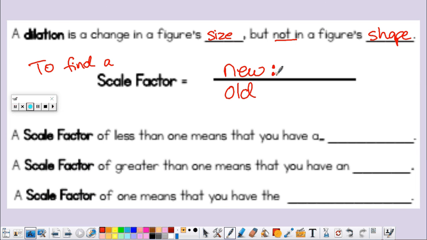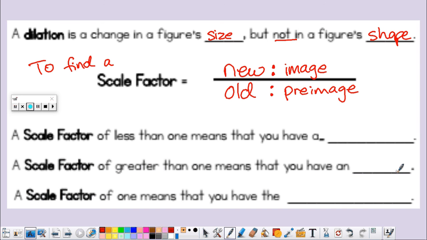The new shape. Is that the pre-image or the image? Image. Okay, so new or the image, old or the pre-image. Very good. Okay, so that's to find the scale factor.